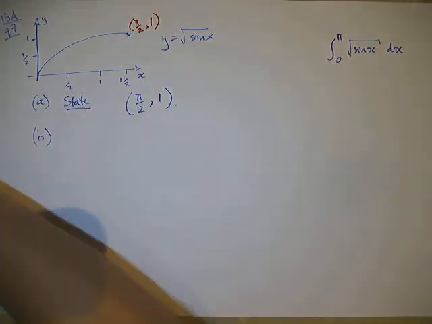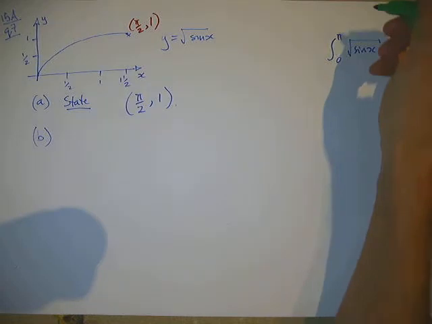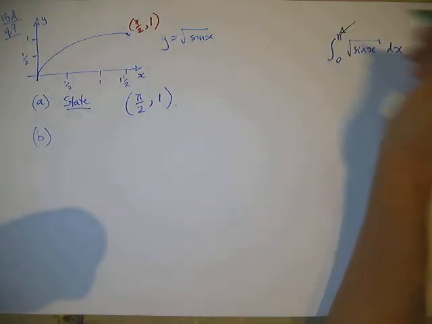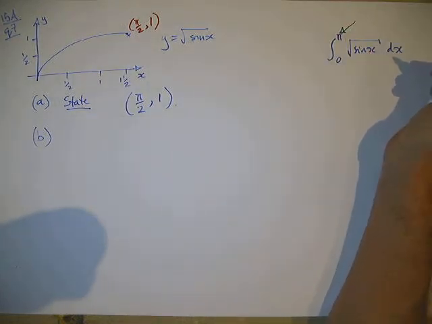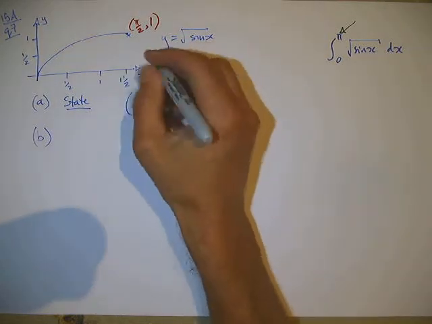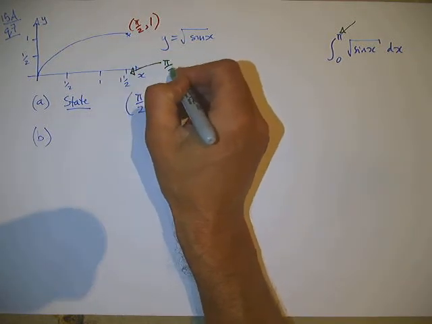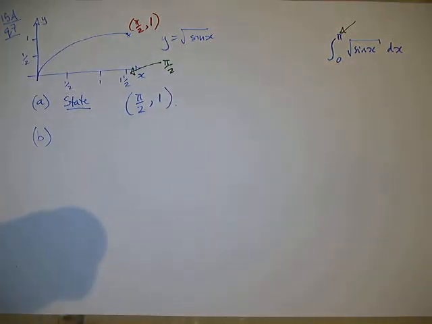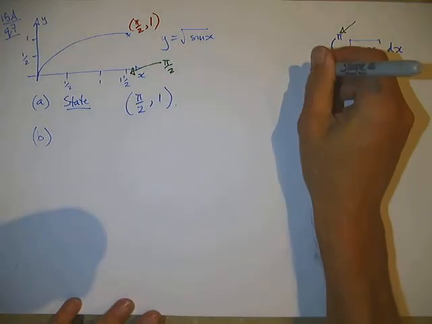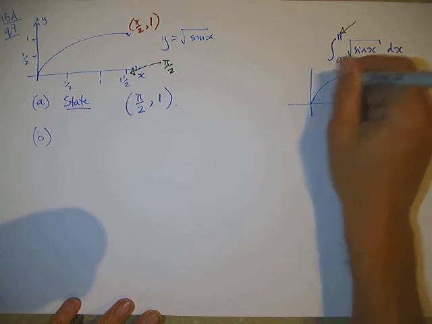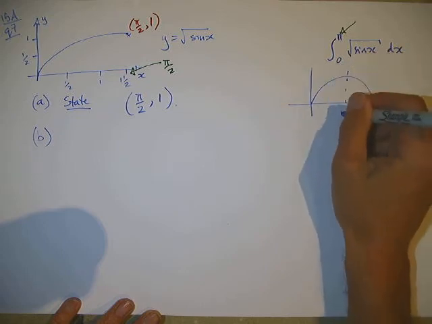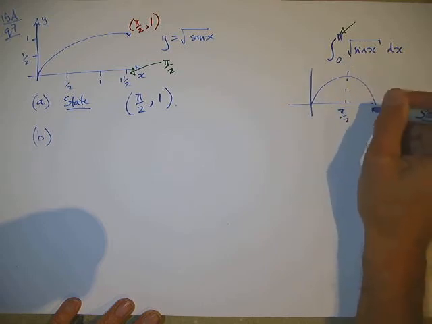Okay, things to point out. It wants us to estimate between 0 and pi. We've got the graph up to pi by 2. So the first thing we should be appreciating is that the graph is symmetrical.